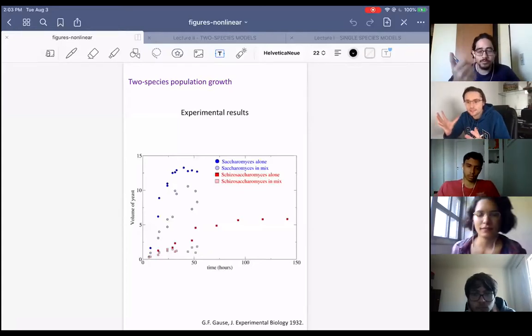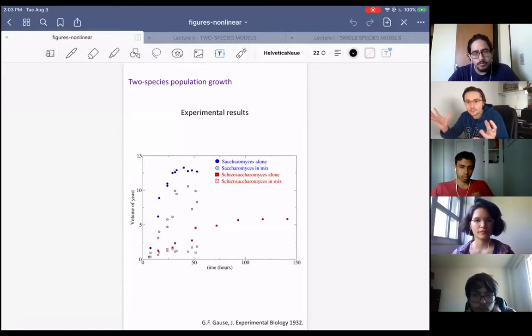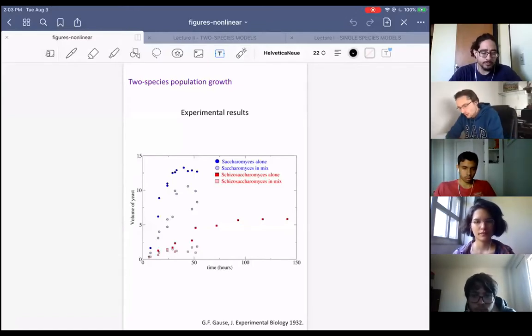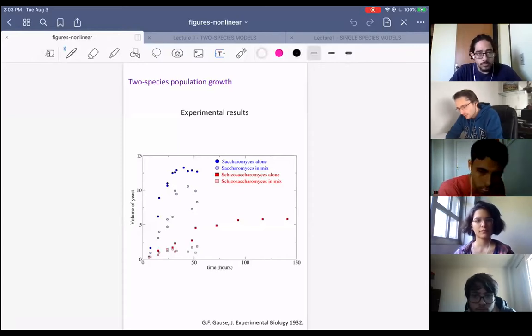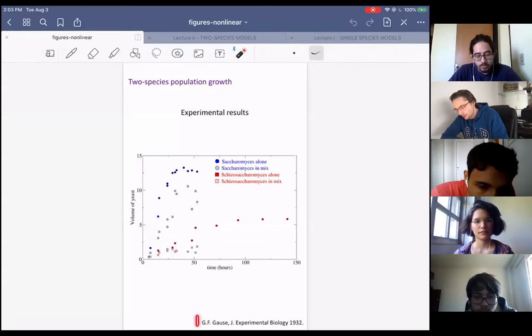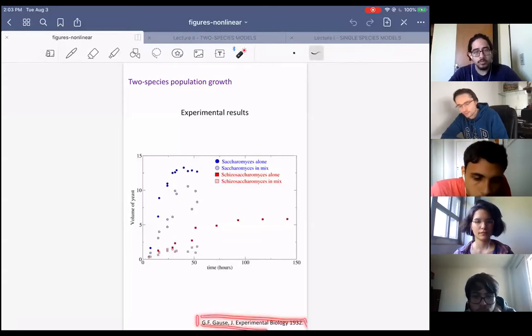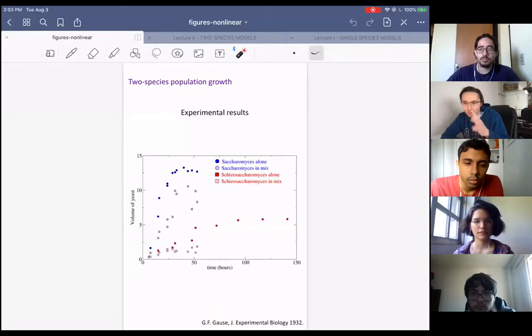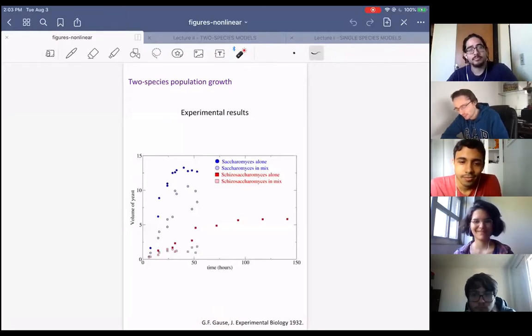So he mixed the two different types of yeast that he was working with. This is what is shown here in this figure. You can get the original curves from this reference here. The only thing I did was, more or less by eye, take the experimental points and represent them again, but it's pretty much the same.